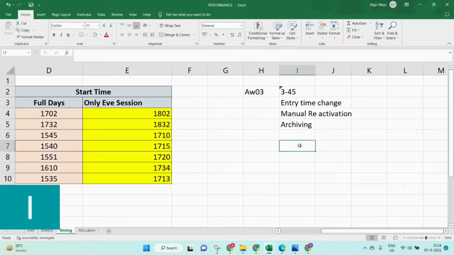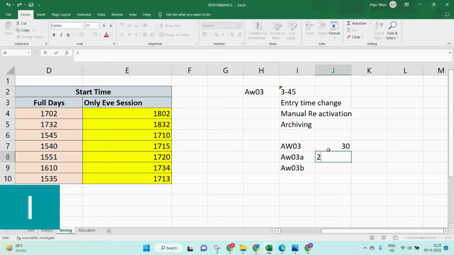Suppose on AW03 there are three versions: AW03, AW03A, AW03B. Now suppose the number of people deployed are 30, 28, 32. That's the number I have indicated.